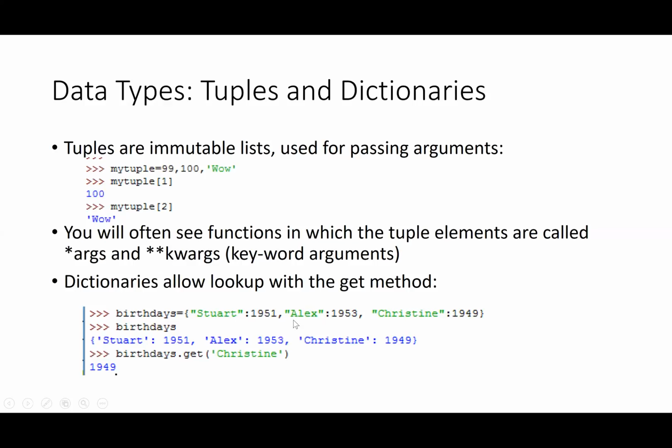The next one, Alex, a colon, and the number associated with Alex, and so on. So if I now type birthdays at the keyboard and hit return, I get back this dictionary, all of it. If I use the get method, and so now I specify Christine, birthdays.get Christine, out comes, it looks for the element Christine, and outputs this number here. So a dictionary is exactly what it says it is. It's a lookup dictionary.